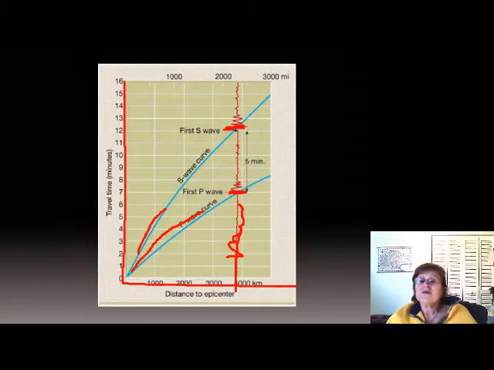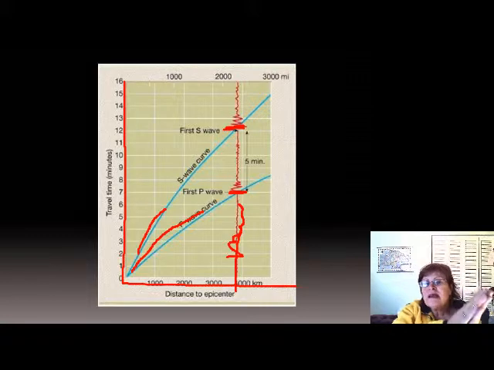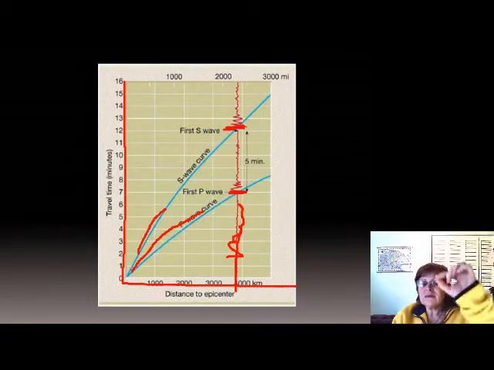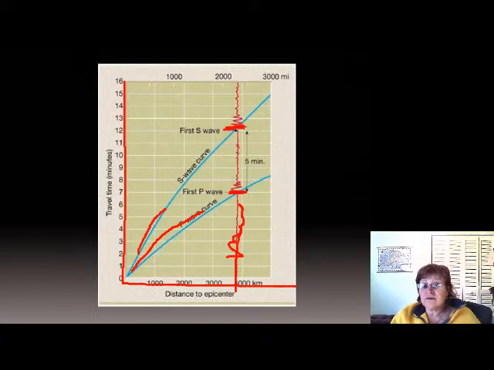So you always try to fit the seismogram on this curve, and wherever the P and the S peak reach the two curves at the same time is where you go down and get the distance from the seismic station to the epicenter. Now, when you get that distance, all you can do is plot it.